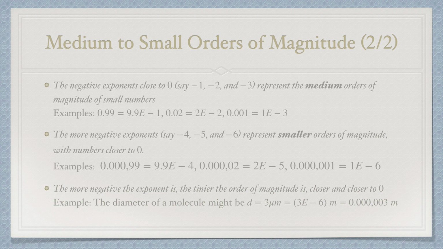And the more negative the exponent is, the tinier the order of magnitude is, closer and closer to 0. For instance, the diameter of a molecule might be d equal 3 micron, that is 3 e minus 6 meters, that is a 0 with 5 zeros and a 3 in meters.